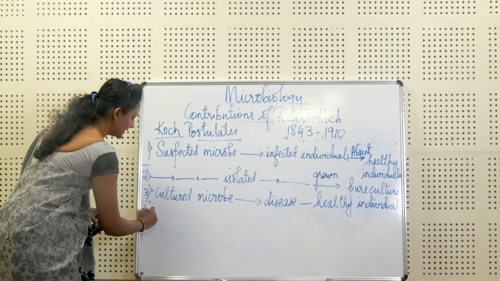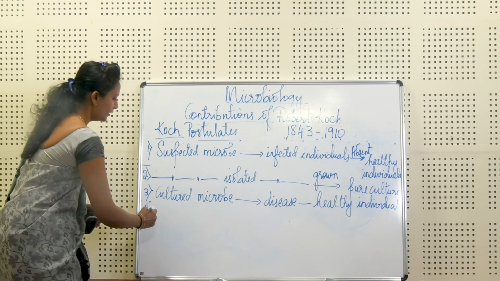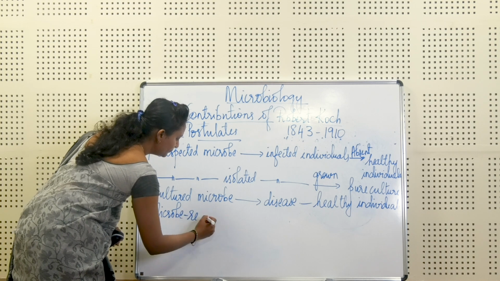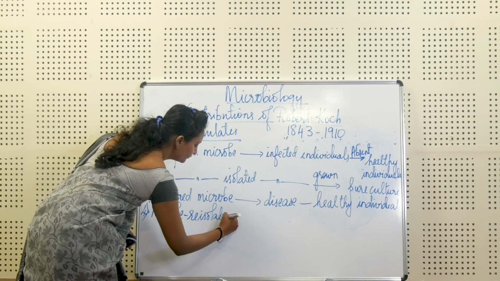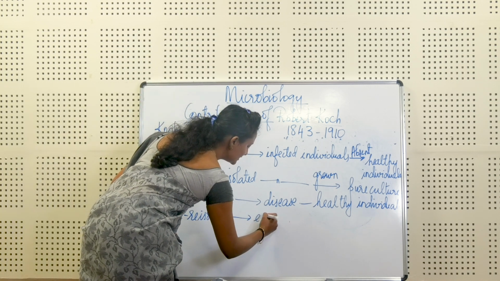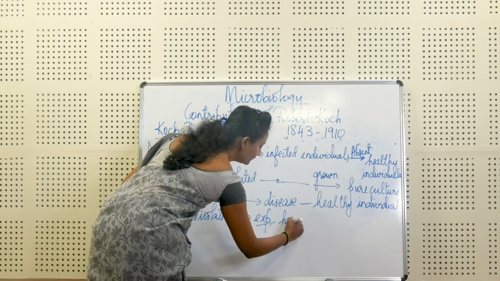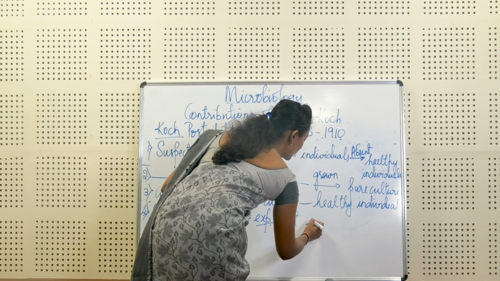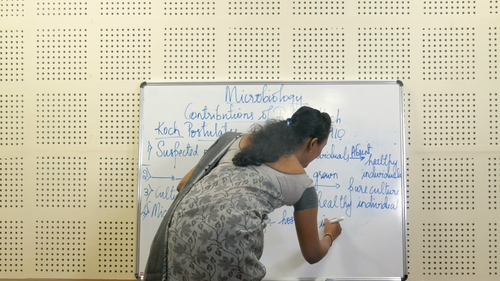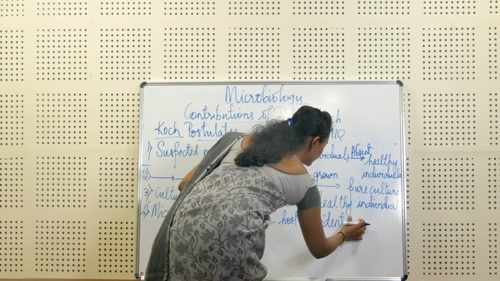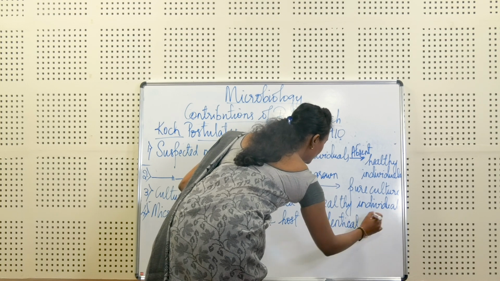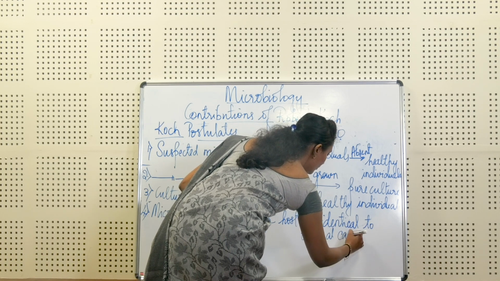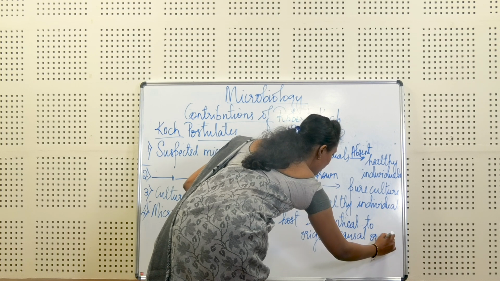The fourth postulate states that the microbe must be re-isolated from the diseased experimental host and it should be identical to the original causal organism.